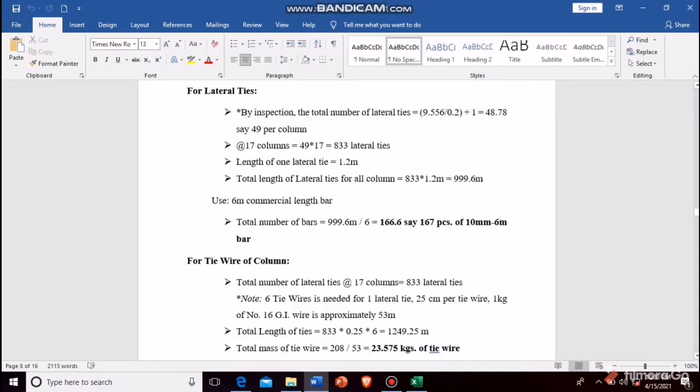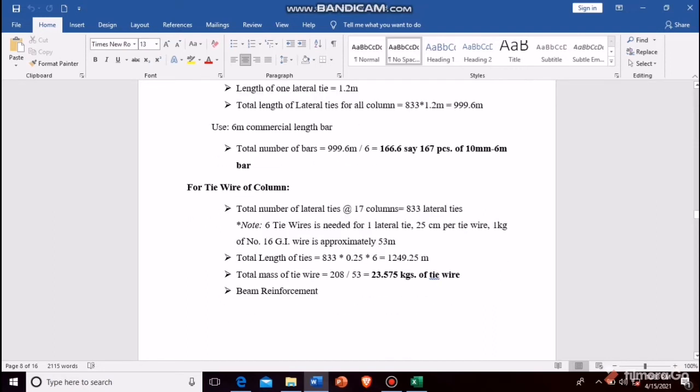For tie wire in the column, the total number of lateral ties is 833. Note, 6 tie wires are needed for one lateral tie, 25 cm per tie wire, and 1 kg of number 16 GI wire is approximately 53 meters. So the total length of ties is 833 times 0.25 times 6, that is 1249.25 meter.